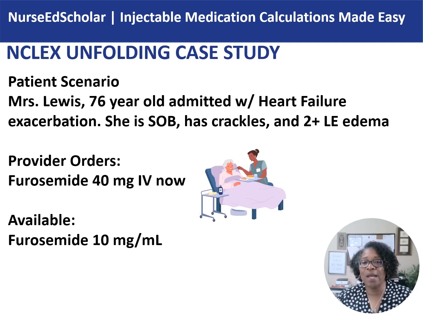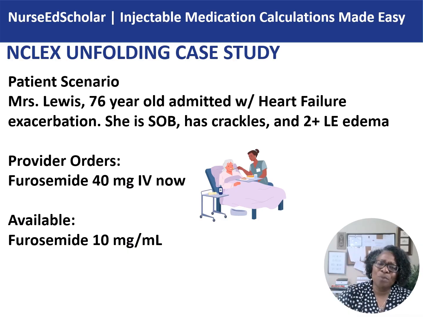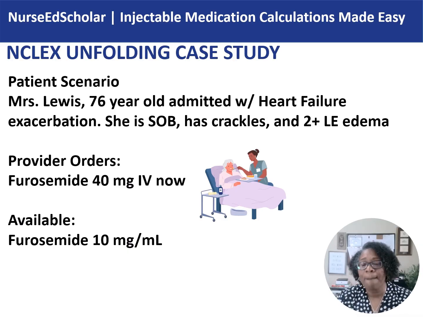All right, let's do an unfolding case study. You have Miss Lewis. She's 76 years old and was admitted to the hospital with heart failure exacerbation. She's short of breath, has crackles in the bases of both lungs, and 2+ lower extremity edema. The doctor orders 40 milligrams of IV furosemide, and what you have available is 10 milligrams per milliliter.